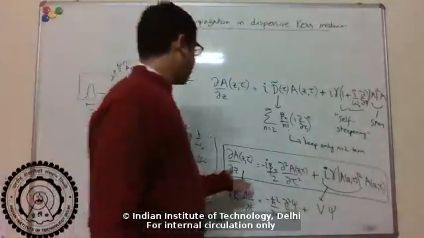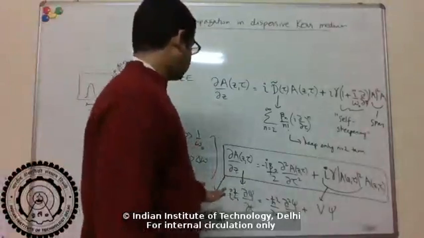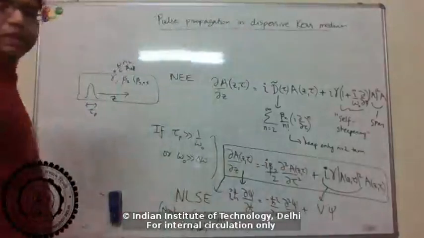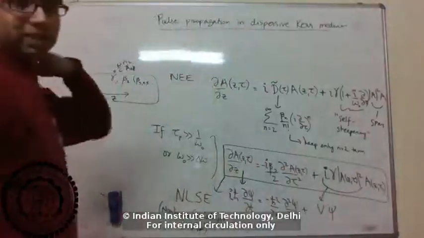Okay, so let's look at the solutions to this NLSE in different limits, okay, to see how basically the pulse changes, right?